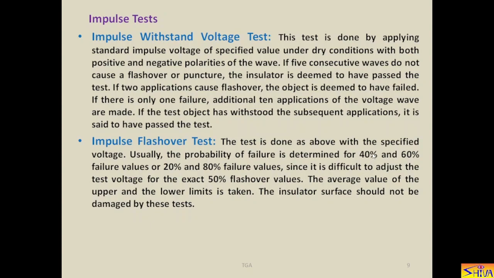For the lower value, there should be flashover 4 times out of 10 applications, and for upper value 6 times out of 10 applications, or for lower value 2 times out of 10 applications, and for upper value 8 times out of 10 applications. Then the average of these two values V1 and V2 is taken, and that is called the 50% impulse flashover voltage.